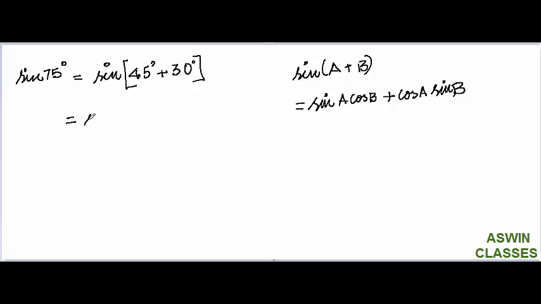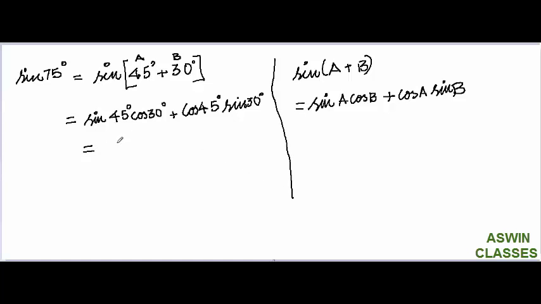So this is equal to, this is our A and this is our B, sin 45 cos 30 plus cos 45 sin 30. Sin 45 is equal to 1 by root 2 into cos 30, which is root 3 by 2, plus cos 45, which is 1 by root 2, and sin 30 is equal to 1 by 2.